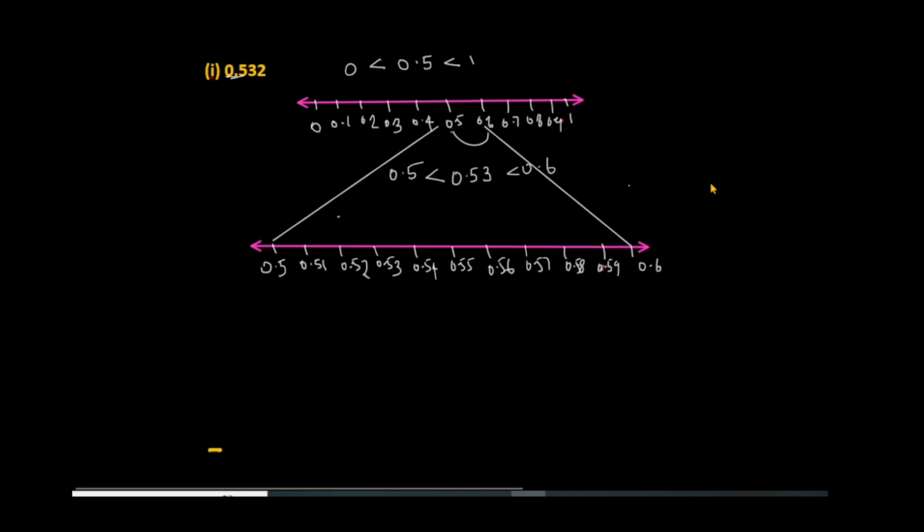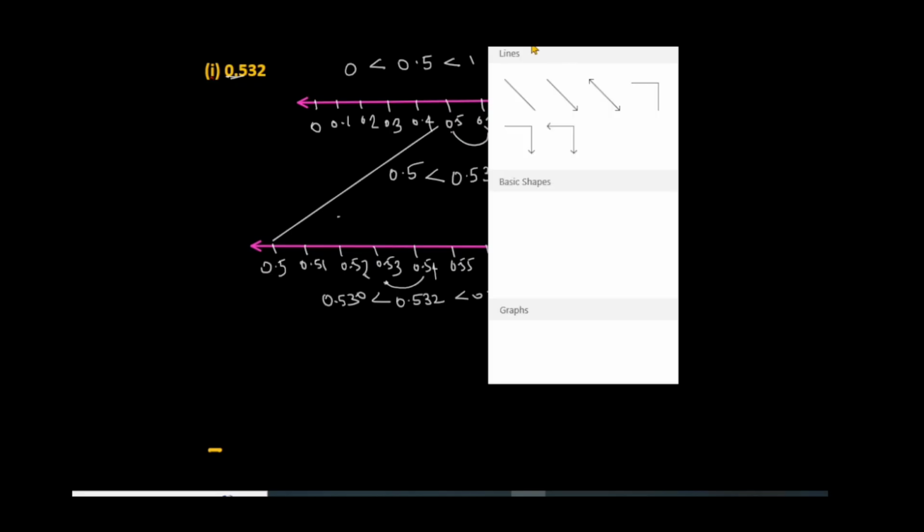Then now our 0.53 is here. Our next decimal 0.532 lies between these two. 0.532 is in between 0.53 and 0.54, that is 0.530 and 0.540. So once again we will take a number line.